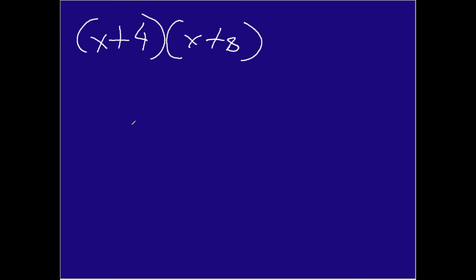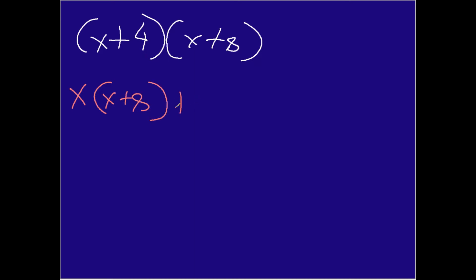So with the distributive property, what you do is you distribute one of the two binomials. We're going to distribute the x plus 4, and this is what it's going to look like. I put the x out here, and then I still have x plus 8.